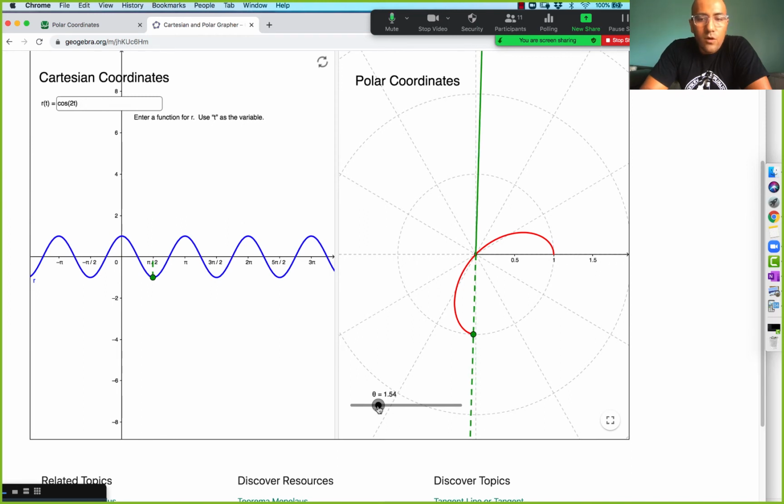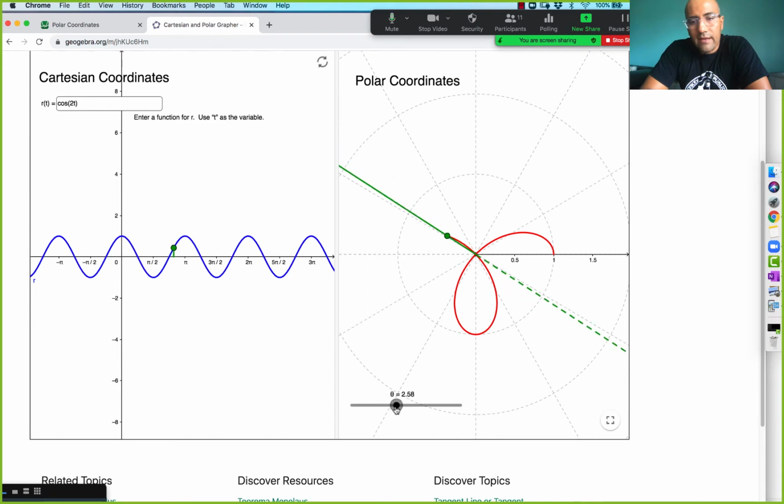Then we start off in quadrant 2. Angles that are over here, the rays are over here in quadrant 2. They're ranging from pi over 2 all the way to 3 pi over 4, and the R value is negative, so it traces out that.